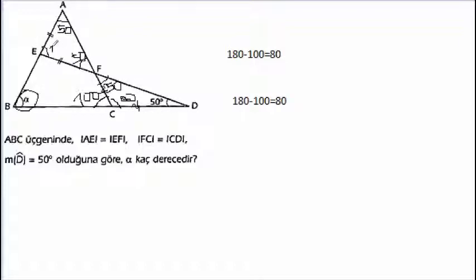When we look at the bigger triangle, we find that 100 plus 50 plus x plus a equals 180. So we subtract 150 from 180, which is 30, and the answer is A equals 30.